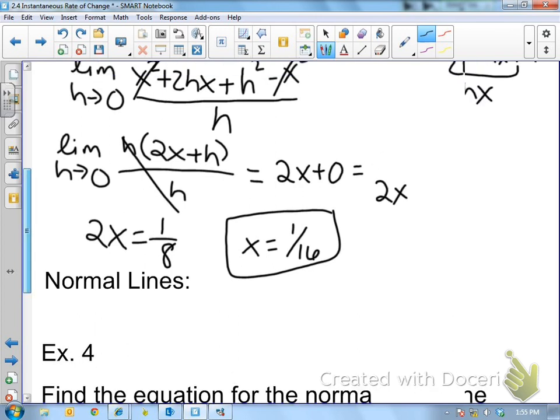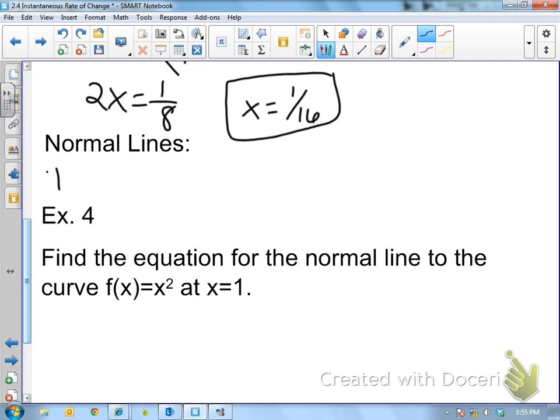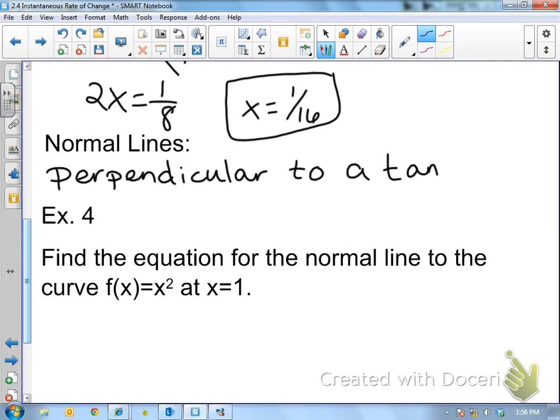A normal line is perpendicular to a tangent line. What do we know about perpendicular slopes? Again, we have to think all the way back to algebra.